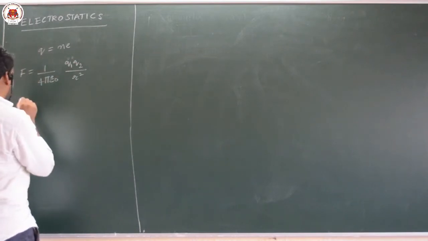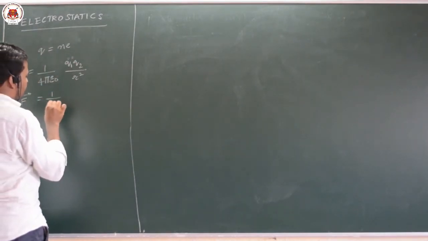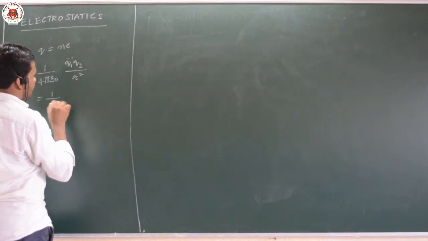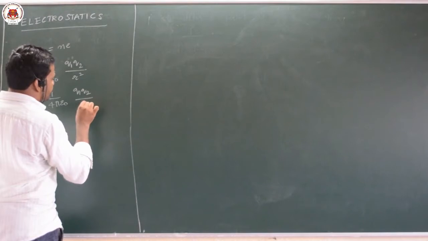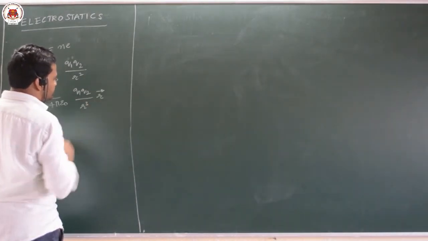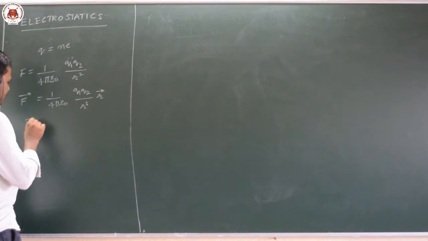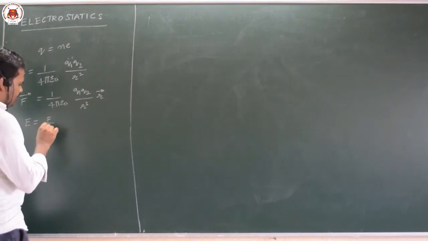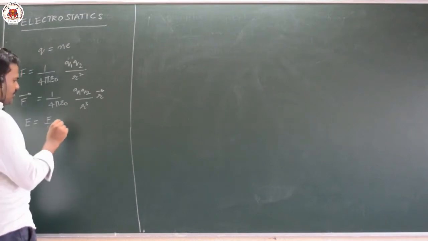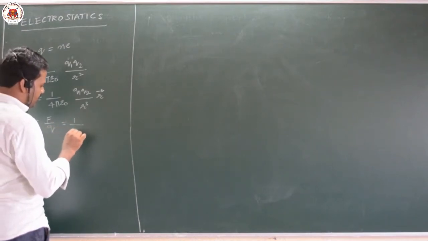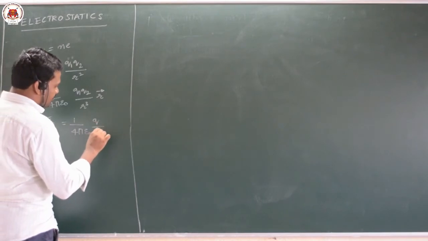If you write this in vector form, F bar is equal to 1 by 4 pi epsilon naught Q1 Q2 by R cube into R bar, and electric field is equal to F by Q. Force experienced by unit north pole is called electric field, that is equal to 1 by 4 pi epsilon naught Q by R square.